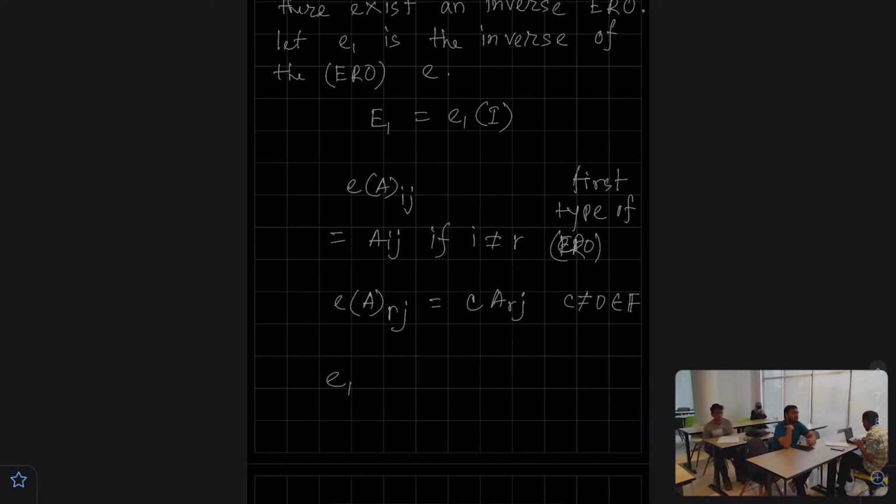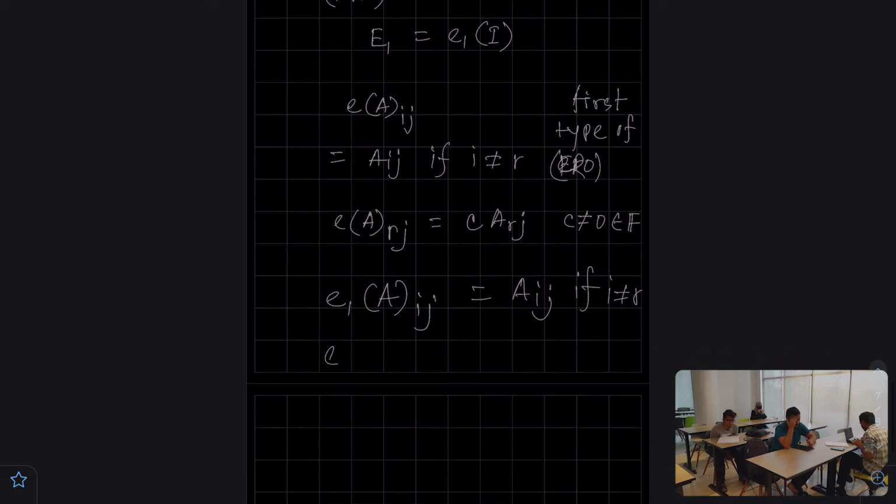So if I define it, E1 of A_ij is just A_ij if i is not equal to r, and E1 of A_rj is equal to 1 over C times A_rj.